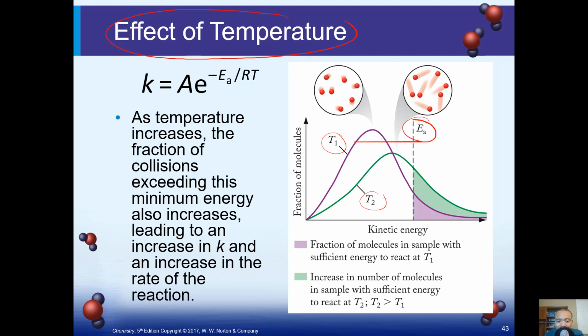The minimum collision energy required to form the activated complex, or transition state, to form the product is the activation energy. As the temperature increases, the curve flattens out. T2 is greater than T1, remember. But when you look at the fraction of molecules that have enough energy, or energy greater than Ea, it increases. That's why the reaction rate increases.